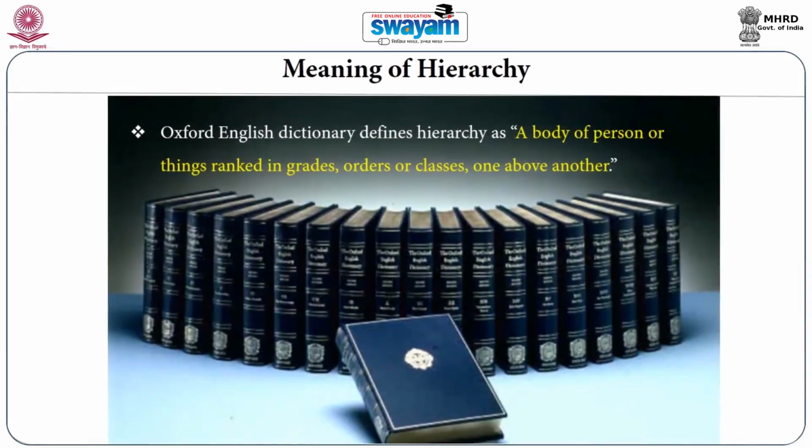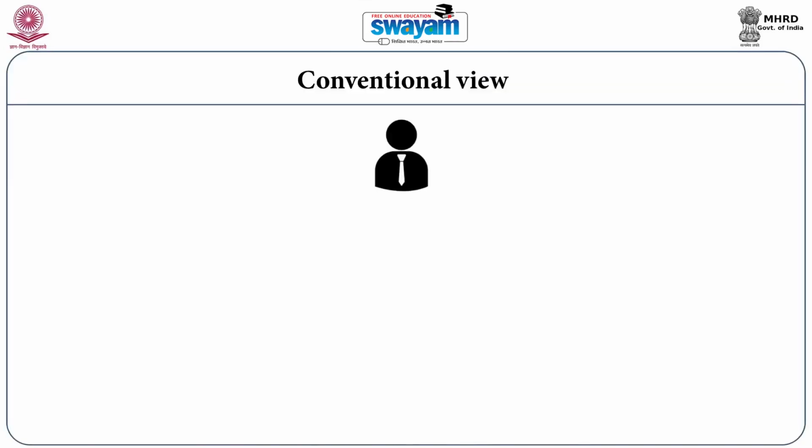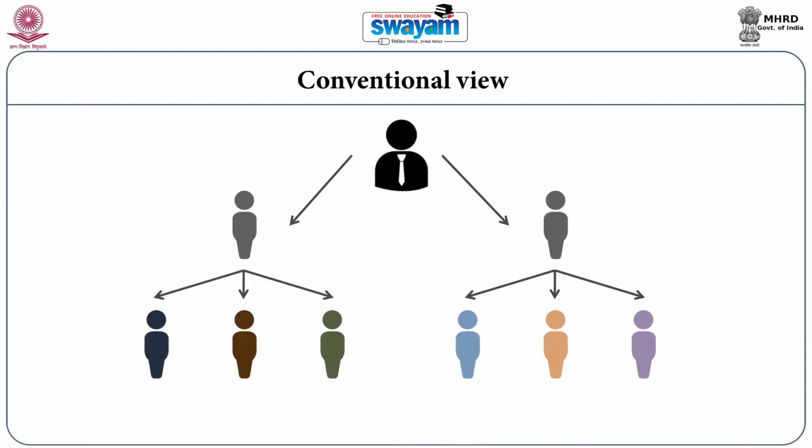If you go to the meaning of a dictionary, the Oxford English Dictionary defines hierarchy as a body of persons or things ranked in grades, orders, or classes, one above the other. As we have seen a few minutes back, public organizations are organized from top to bottom: top managers, middle managers, and lower level subordinates.